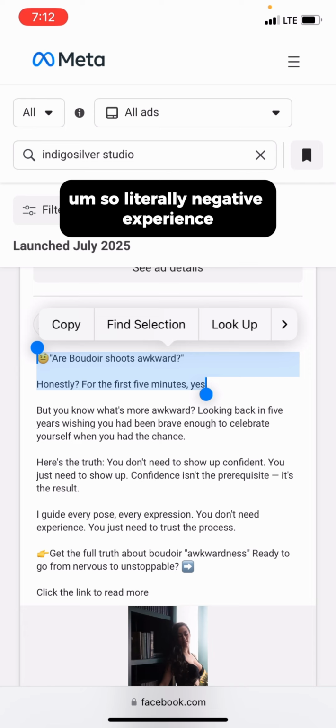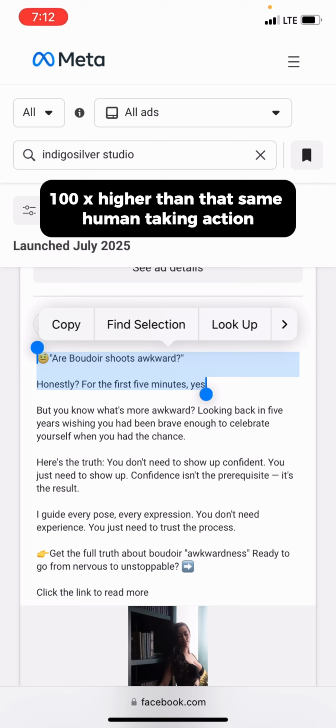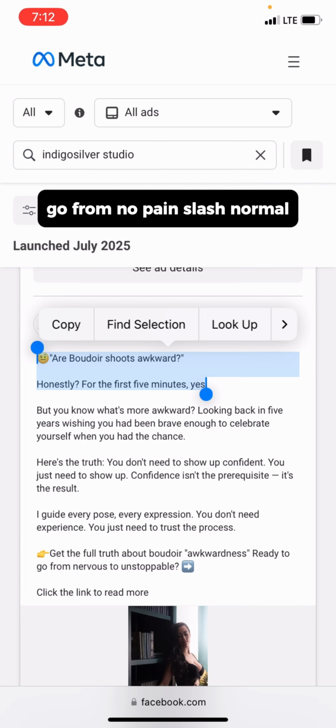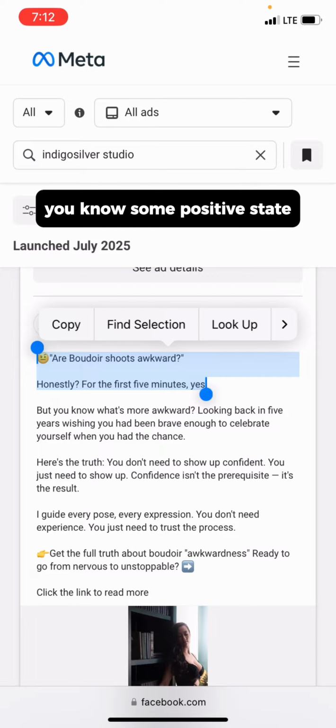So literally negative experience to just back to normal. The probability the human takes an action is literally 100x higher than that same human taking action to go from no pain, normal, homeostasis to some positive state, some gain, some benefit.